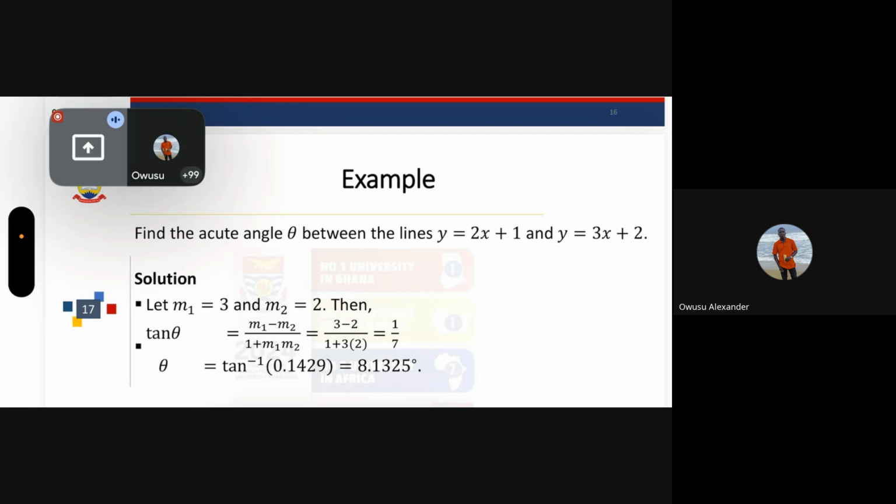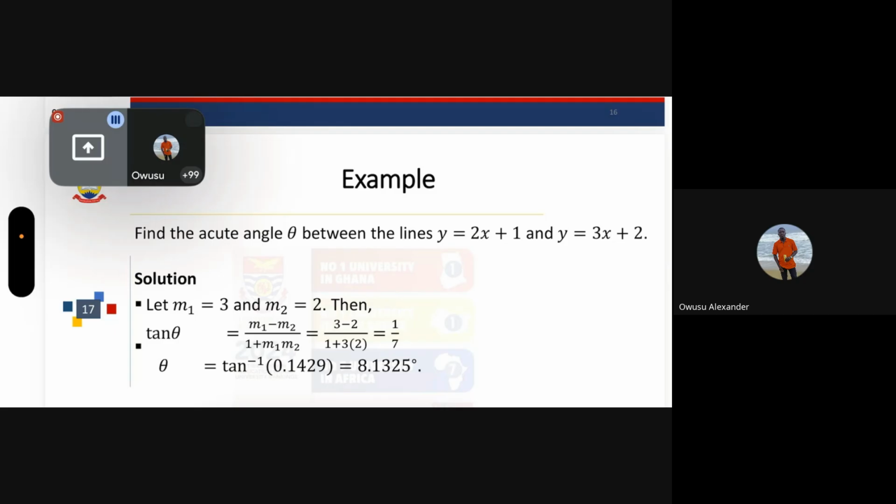Why? Why do you think that it should be M1? So the question says we should find an acute angle between the lines y is equal to 2x plus 1. So that's the first equation. And the second equation is y is equal to 3x plus 2. So which one should you consider to be the M1 and the M2?